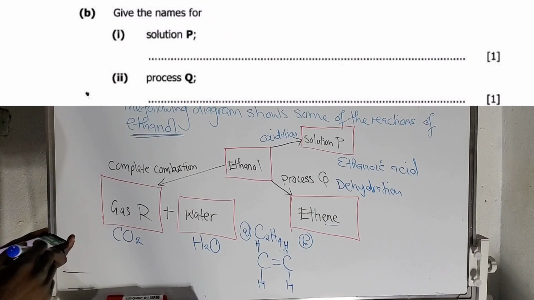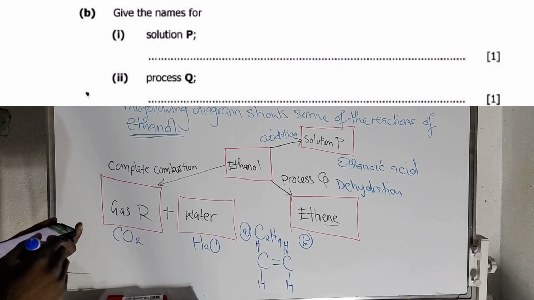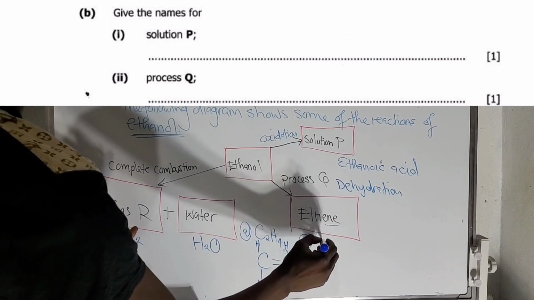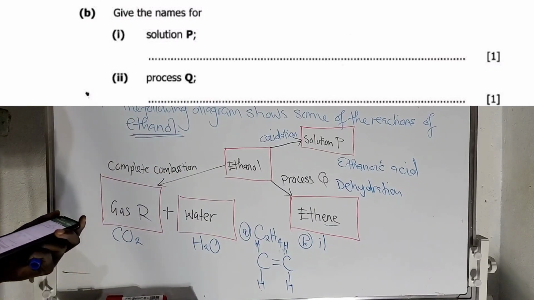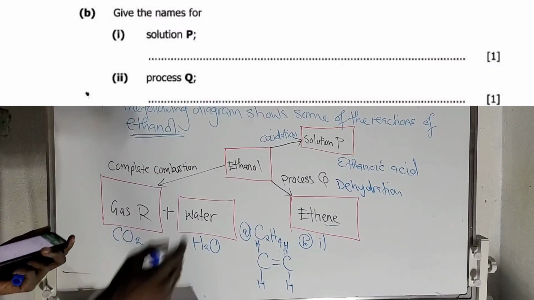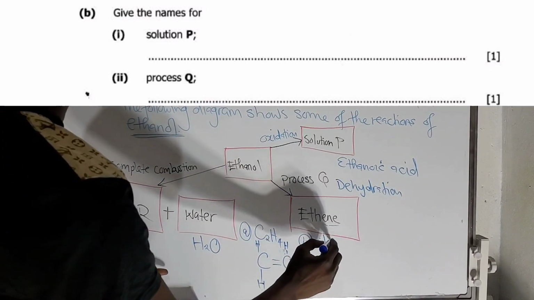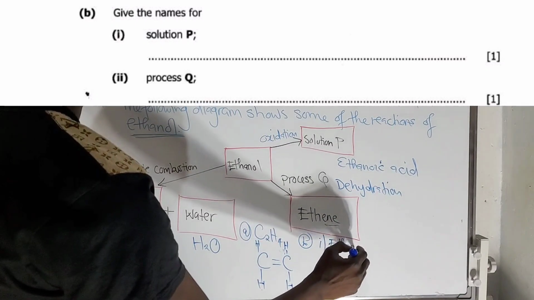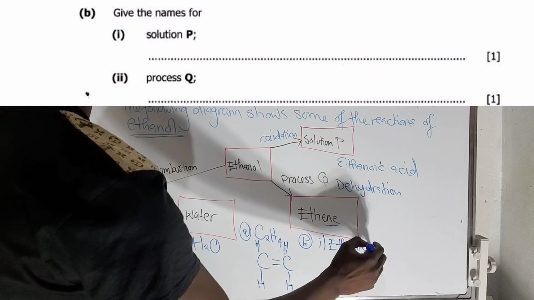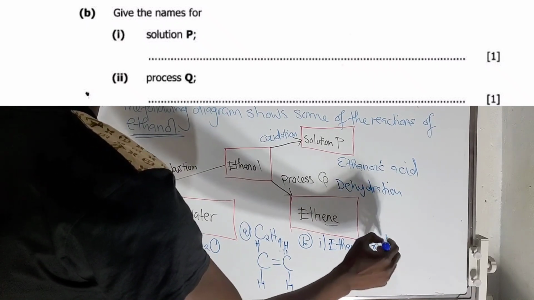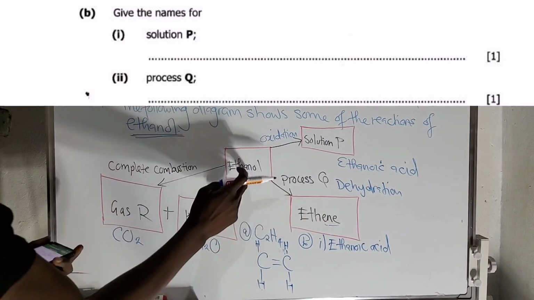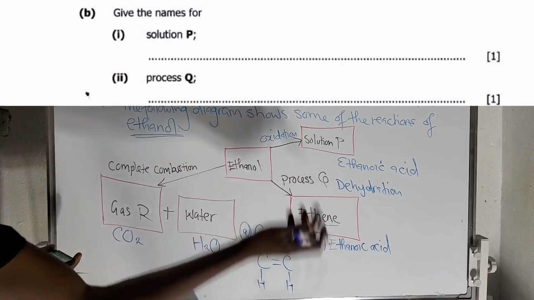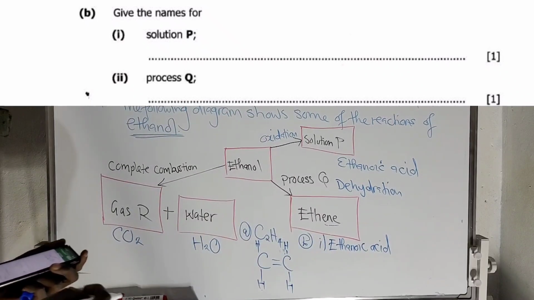So this is the structural formula for ethene. Then question B asks, give the name of solution P. Solution P is ethanoic acid. When ethanol is oxidized, when oxygen is added to ethanol, ethanoic acid is formed.